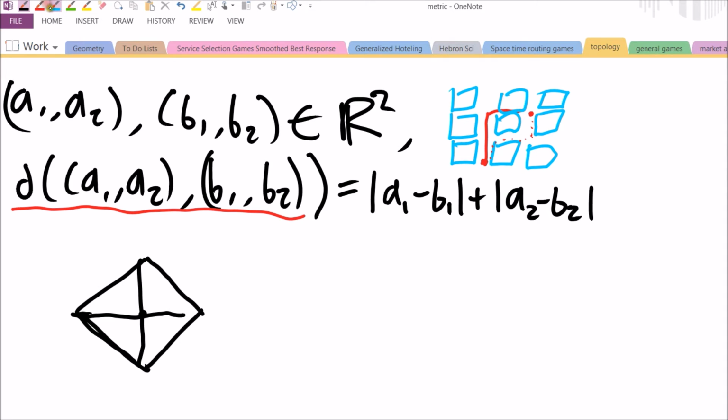I'll draw it in blue. So let's say this point in the middle here was (0, 0), and this distance here was 1.